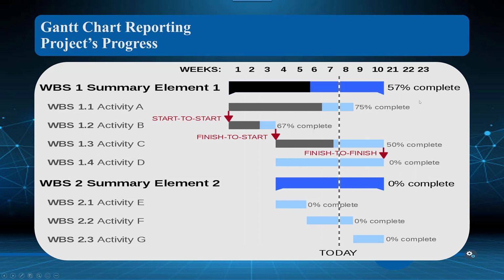You'll notice here's where we are today, so as we look at today, we are behind overall. This is probably what's putting us behind. We have yet to complete this. So a start to start, we started these together. Finish to start, meaning that this needs to finish before this starts, and then finish to finish. So you get the idea of just some basic progress elements within a project.